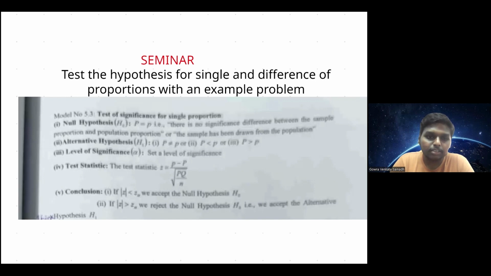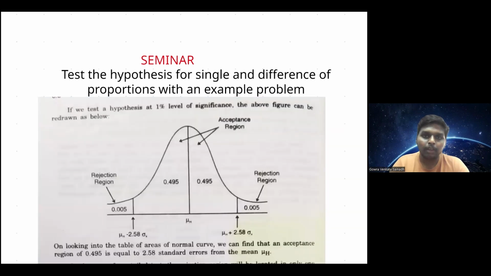So what is actually the level of significance? Let's see once again. This is the previous slide which we discussed, and here it is given: if we test a hypothesis at 1% level of significance. So the level of significance, the third important point we discussed before, is given as 1%.